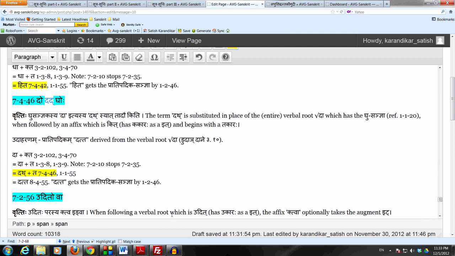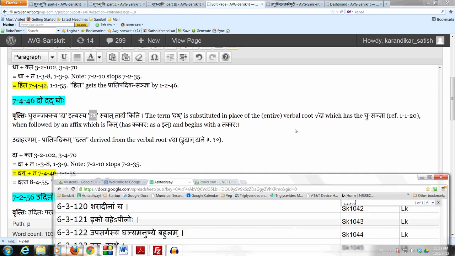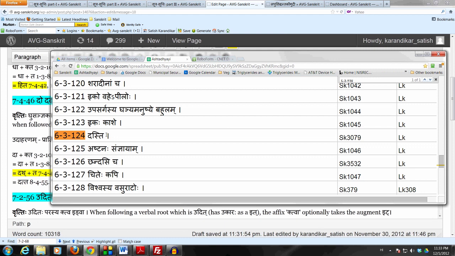So now why do we choose to make the adesha dat, and why not the others? The reason is that there are some complications in those 3 cases. If we take the adesha as dat with a takara at the end, then the complication there is the sutram 63124, which we have not studied yet, the sutram Dasti. That may intervene in the sense that it would potentially prescribe a dirgha adesha for the upasargaha ending in an ik letter, igantasya upasargasya dirghaha.